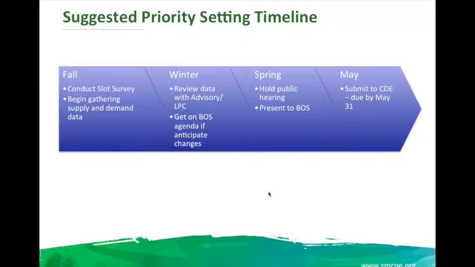It's good to ask Head Start and HSA for their data early, because sometimes it takes a while. And then you can review the data with your advisory group and get on the agenda for the Board of Supervisors, which can take time.